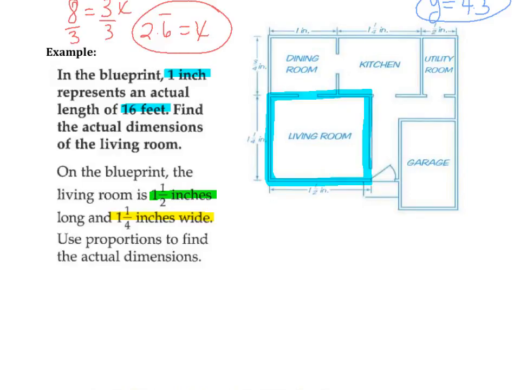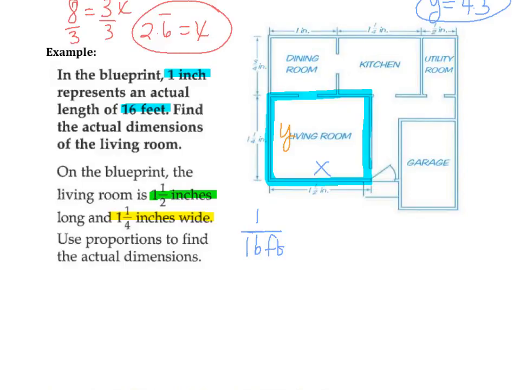All right. So looking at my first proportion that I'm going to set up, I'm going to use that information that was given to us in this first paragraph. I know that 1 inch on the blueprint is actually equal to 16 feet of real space here. So that's going to be my standard proportion that I'm going to use. Let's call our length x here and our width y. So let's solve for x first.